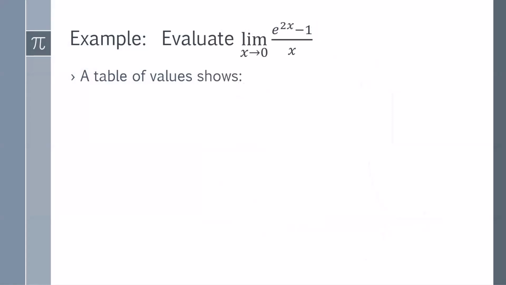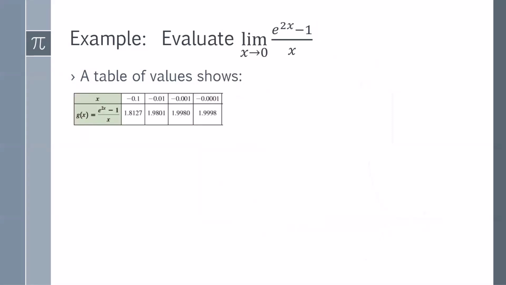Here's another one. We want to evaluate the limit as x approaches 0 of e to the 2x minus 1 over x. A table of values will give us, for values a little bit less than 0, for example x equals negative 0.1, a function value of about 1.8.